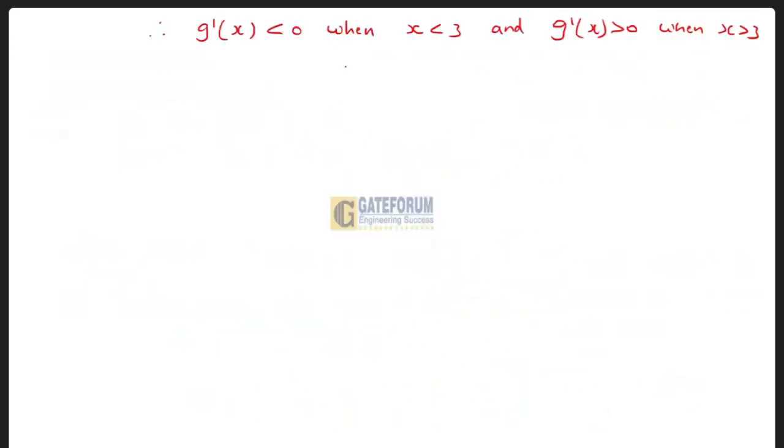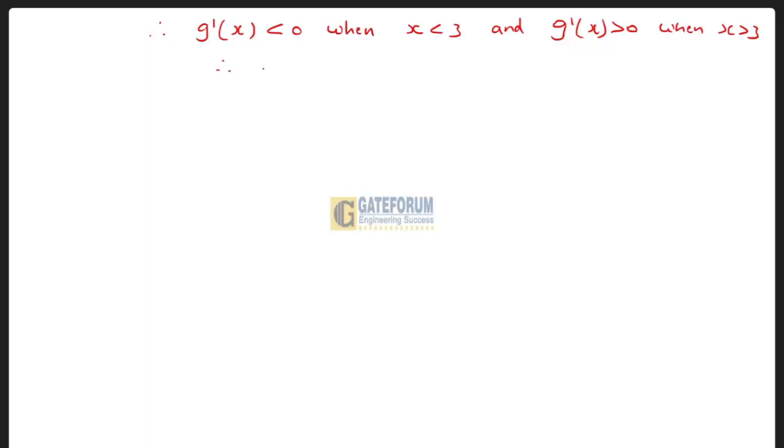Using the first derivative, whenever f dash x is less than 0 for all x less than a, and f dash x is greater than 0 for all x greater than a, then that function is maximum or minimum? Minimum, using the first derivative method.